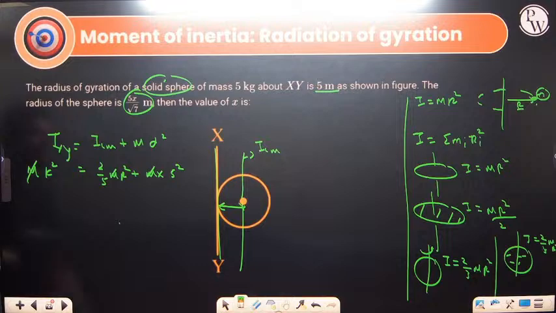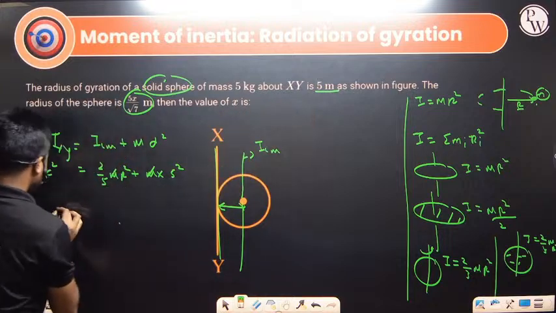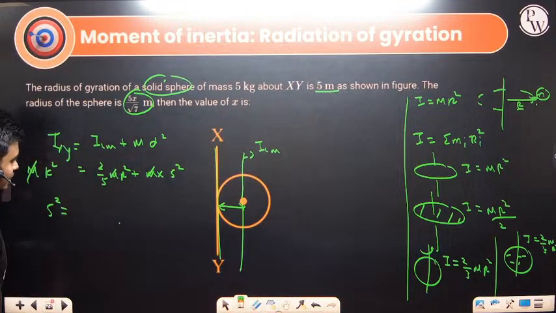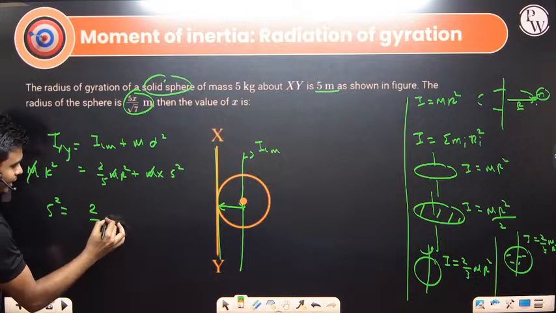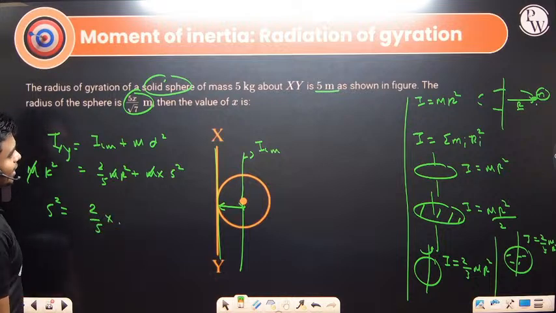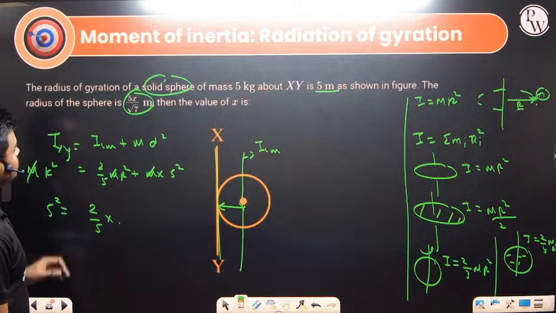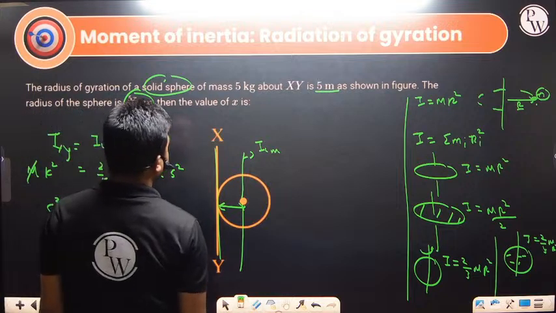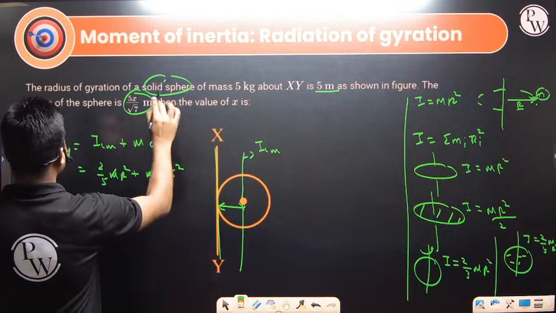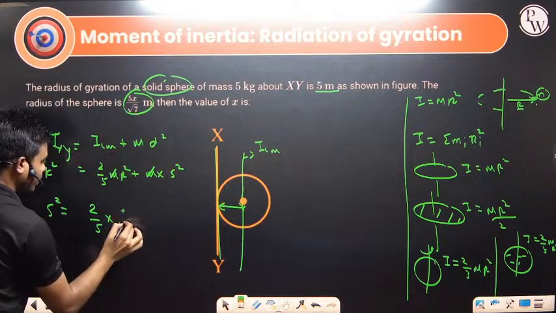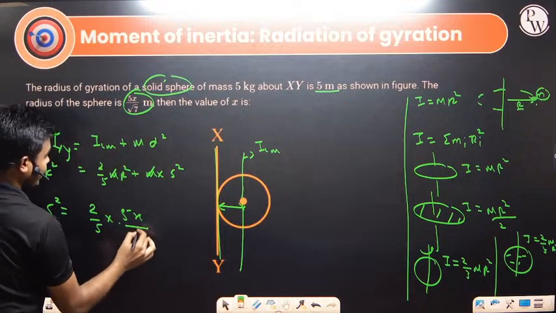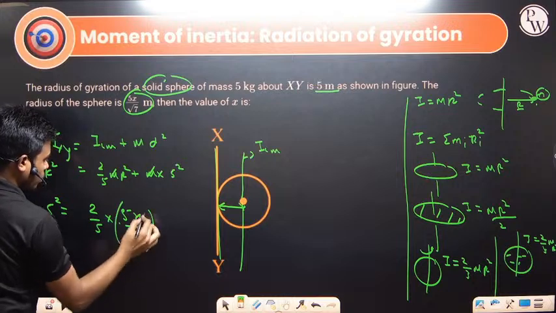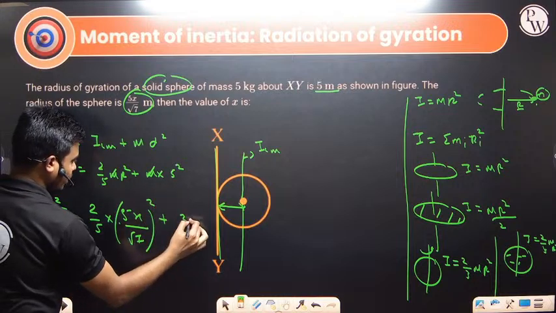What is the K value? The radius of gyration dimension is how much? 5. So this side we have 5K square, and this side we have 2 by 5 into R square. What is the radius? The radius of the sphere is 5 root x, so 5x root 7 whole square plus 25.